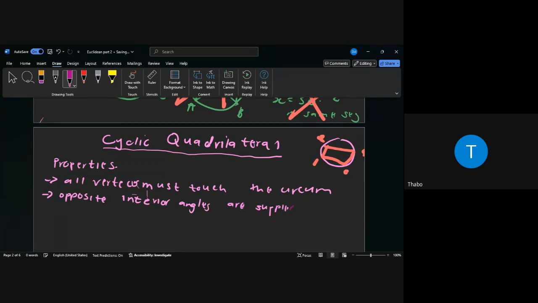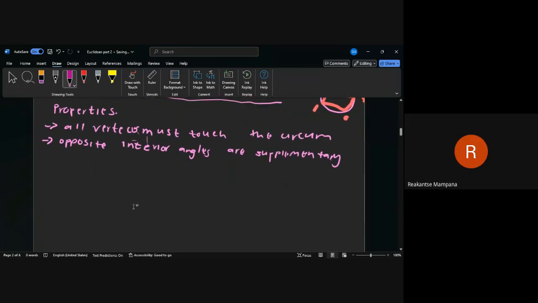Can someone tell me what it means when I say opposite interior angles are supplementary? The opposite interior angles, when they add up to 180. Yes. So what do they add up to? 180. Yes, ma'am.